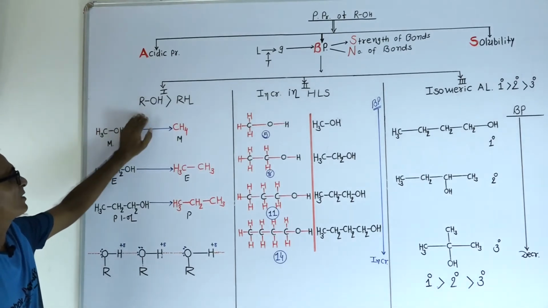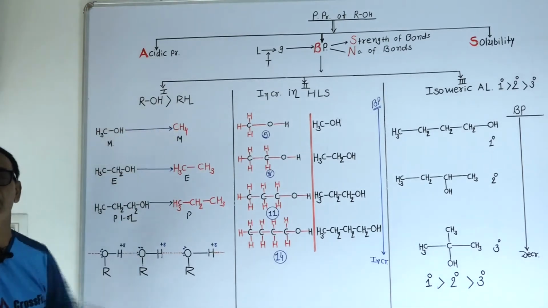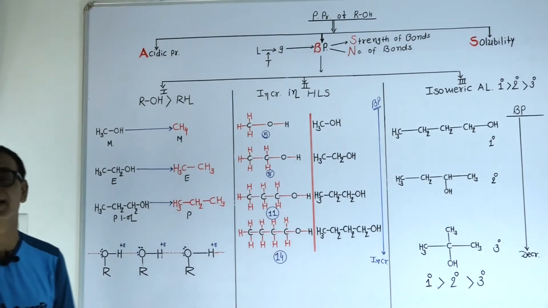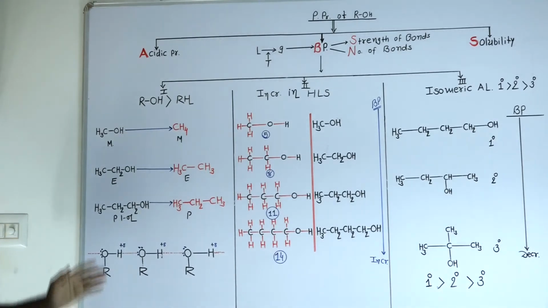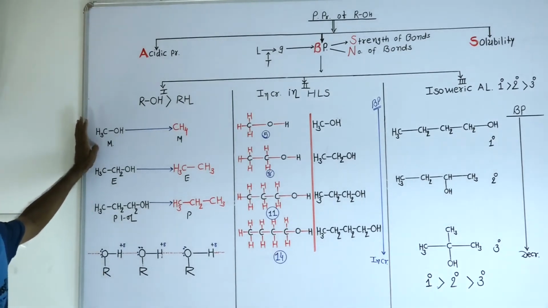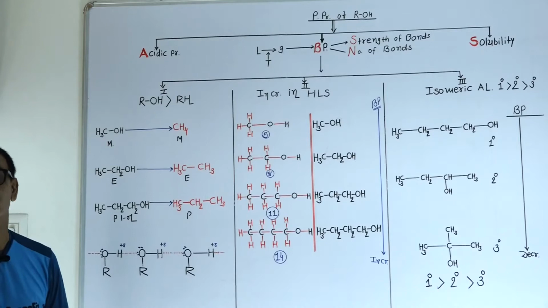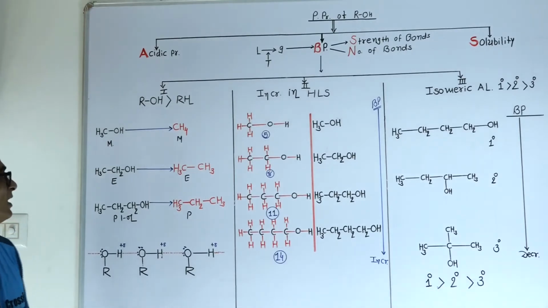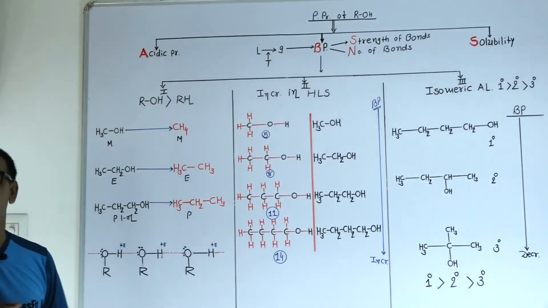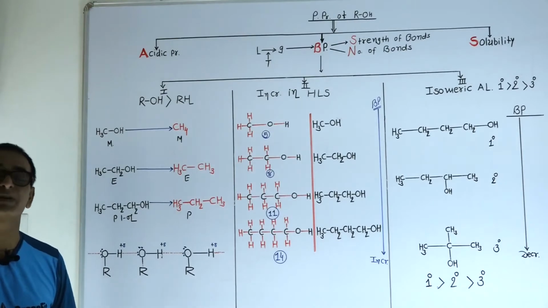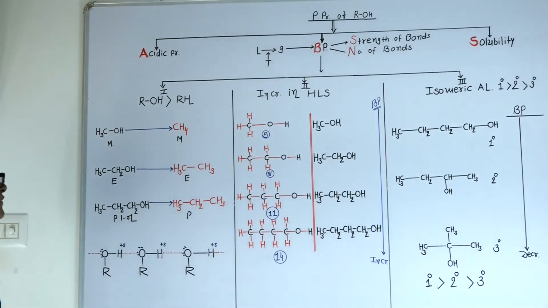The boiling point of alcohol is more compared to the corresponding alkane compound. What is the corresponding compound? There are two factors: molar mass and number of carbon atoms. If two organic compounds have the same molar mass, or you can say the same number of carbon atoms, they are known as corresponding compounds to each other.